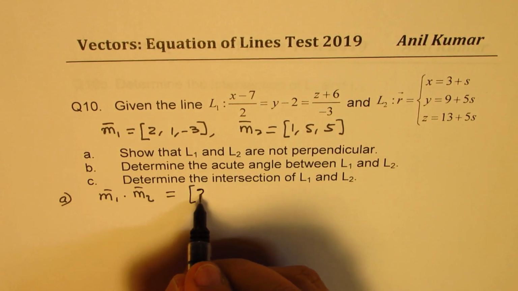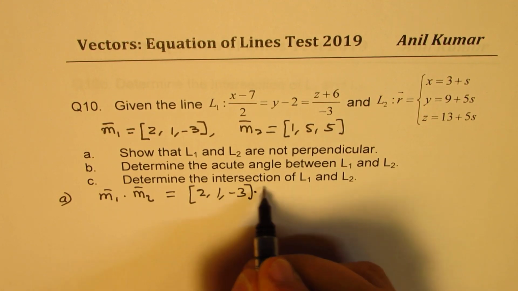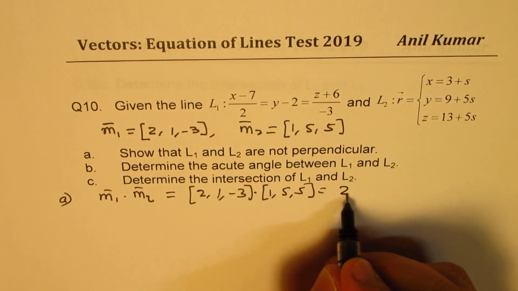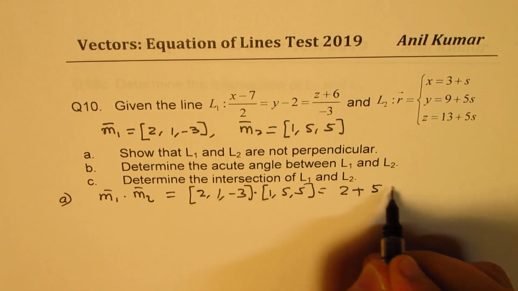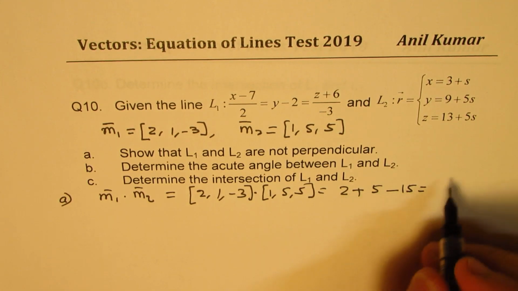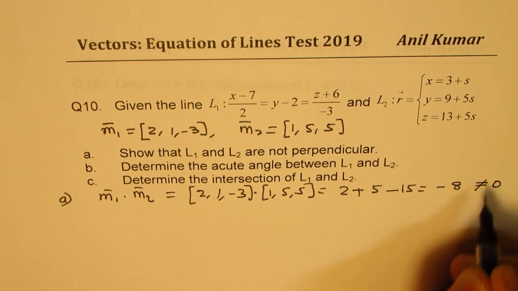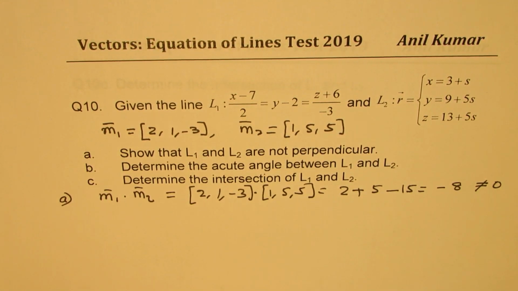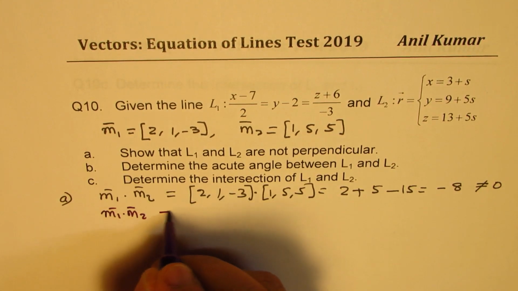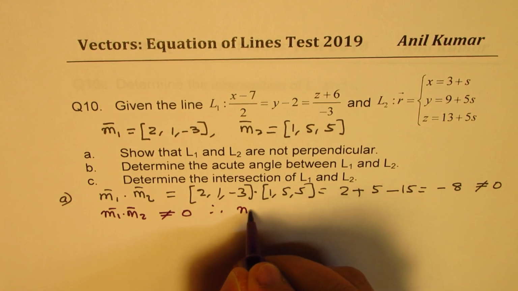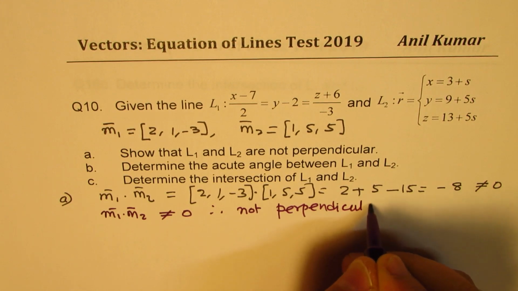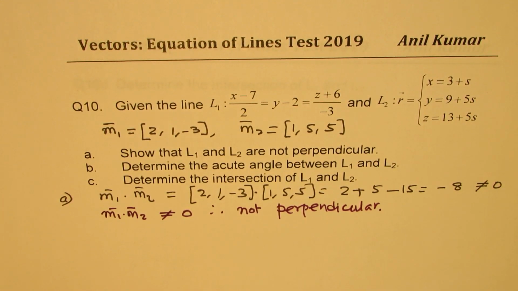It is equal to (2, 1, minus 3) dot (1, 5, 5), which is 2 times 1 is 2, plus 5, minus 15, right? So that is minus 10 and minus 8. Since it is not equal to 0, they are not perpendicular. Okay, so we can write down the dot product is not equal to 0, therefore not perpendicular. So part A is done.